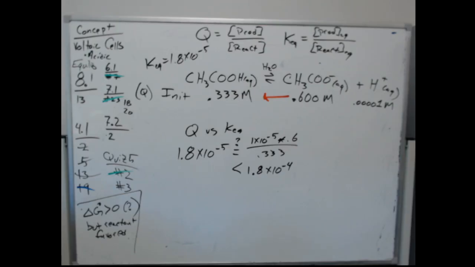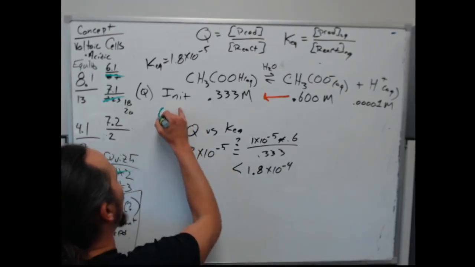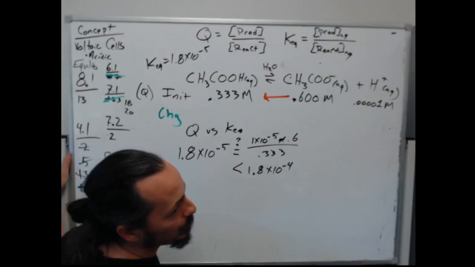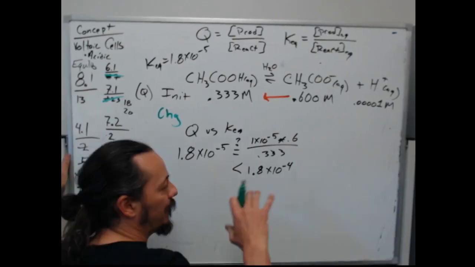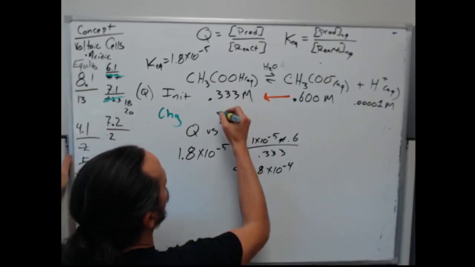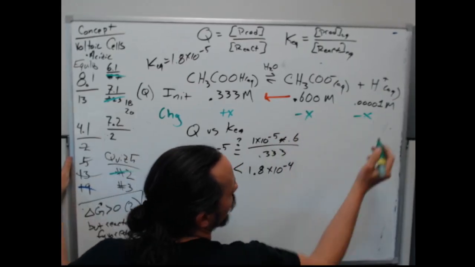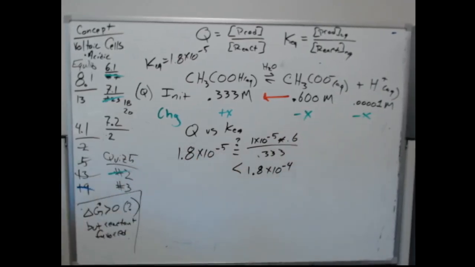So your minus x's would be on the right side. If I set up a change row, there are two different ways we could do this. I could flip the reaction and use 1 over the Ka value, or you could do it where it's plus x, minus x, minus x, flipped from what we've usually seen because I'm going in the backwards direction.